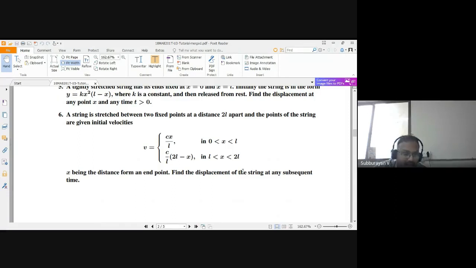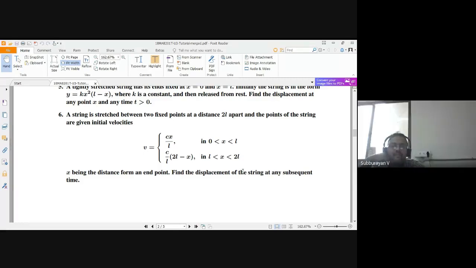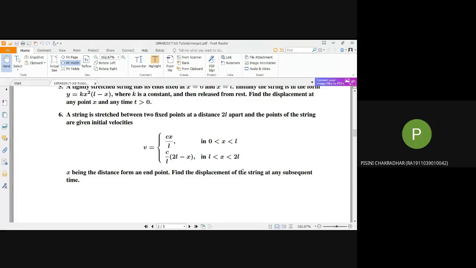Can you please read the question? A string is stretched between two fixed points at a distance 2L apart, and the points of the string are given initial velocities v equal to cx by L in 0 less than x less than L, and c by L into 2L minus x in L less than x less than 2L. x being the distance from an endpoint, find the displacement of the string at any subsequent time.